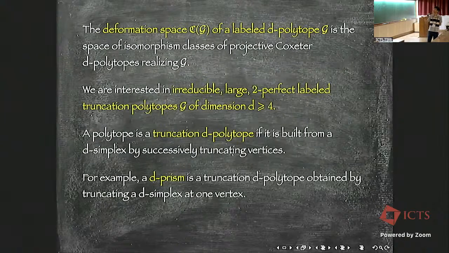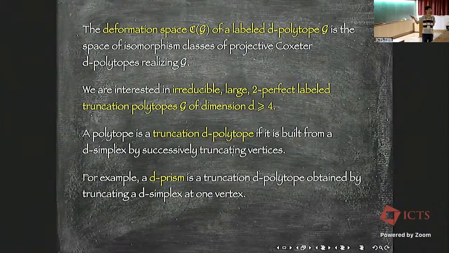Then I want to collect the space of isomorphism classes of projective Coxeter polytopes realizing G, and I call it the deformation space of the labeled polytope. If you're familiar with orbifolds, it's simply the deformation space of convex projective structures on a reflection orbifold.